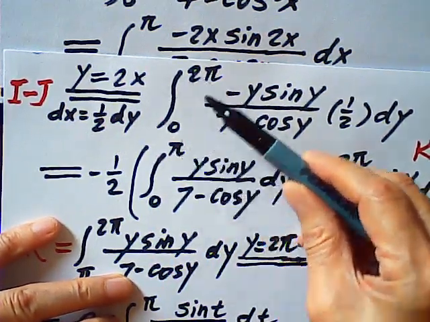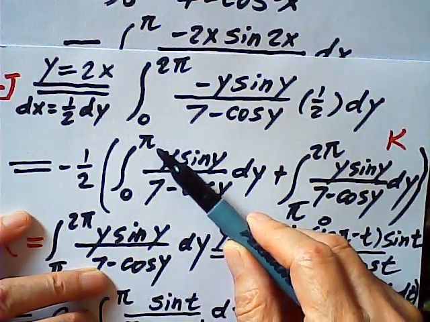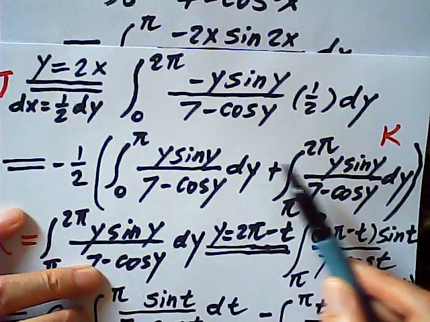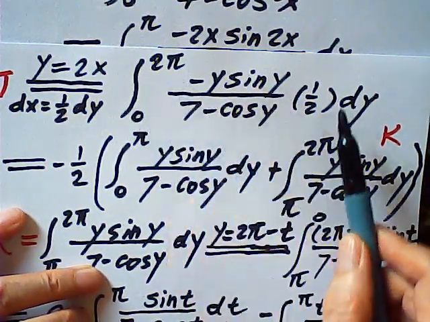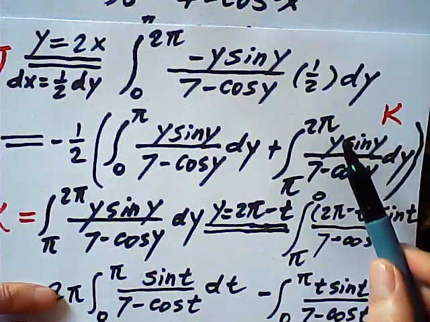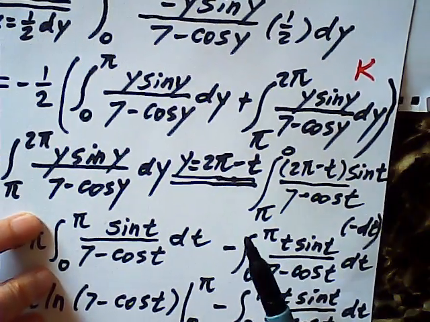Now I split this integral into two parts. One is from 0 to pi, the other one from pi to 2 pi. Well, this is nothing special, just splitting this integral into two.